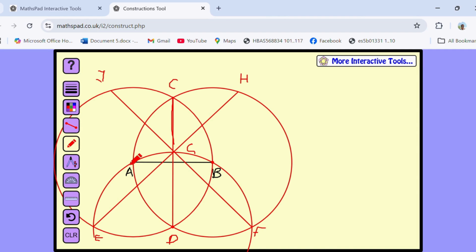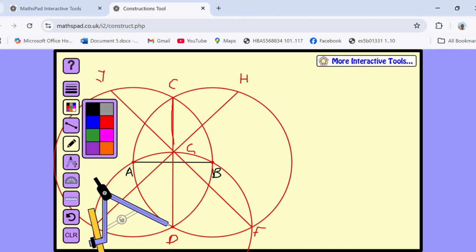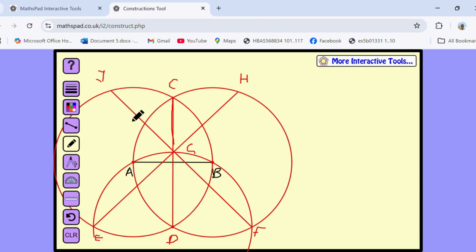Now we join A and I and B and H. So now we have three sides of a pentagon.